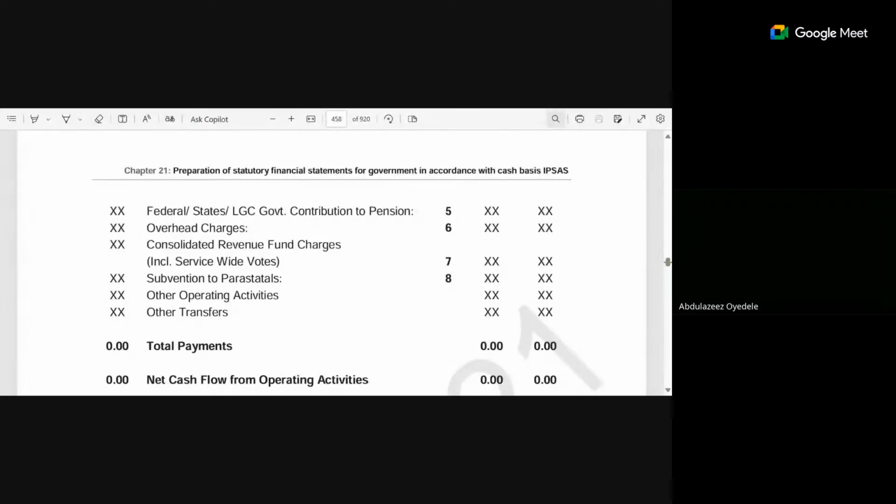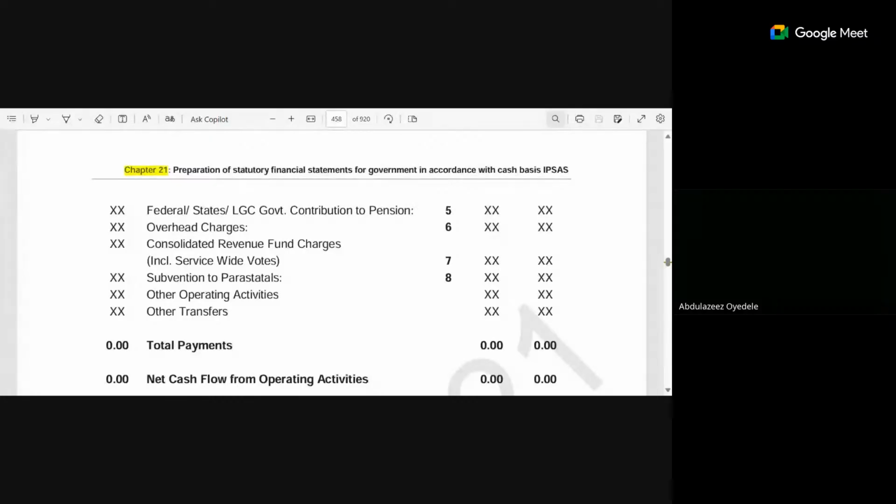Sometimes they give subventions to other government bodies, maybe the state government giving subventions to parastatals, like teaching hospitals and tertiary institutions. All those are regular activities that government does. So if it's a government institution that engages in sales as well, the revenue they make from sales will be part of their inflows from operating activities.